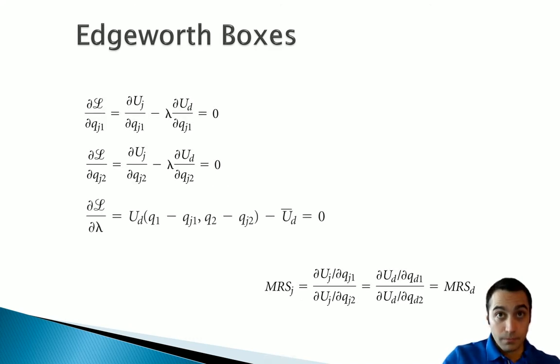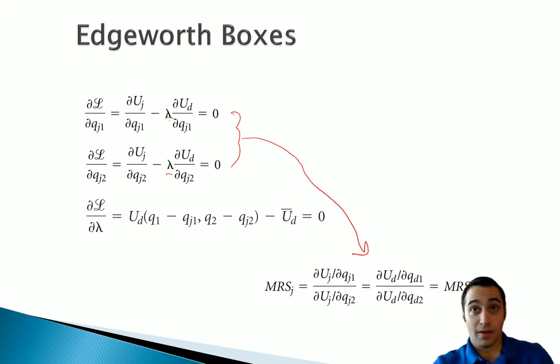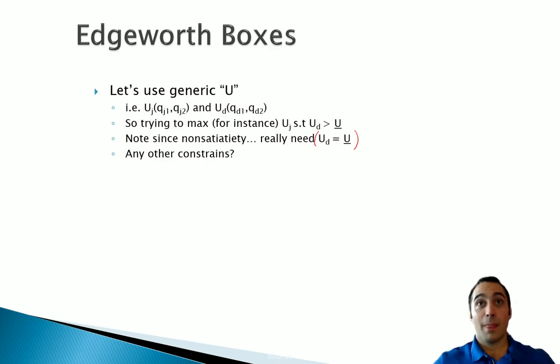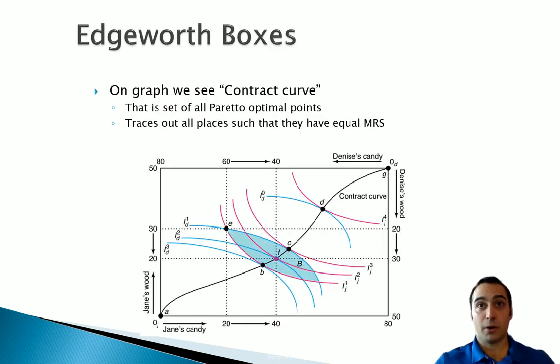Cool. So we would take these FOCs, and as always, use the lambda term to combine these, and you will find that these simplify to saying that MRS for Jane equals MRS for Denise. Hey, wait! That's what we said we'd get from the start, right?